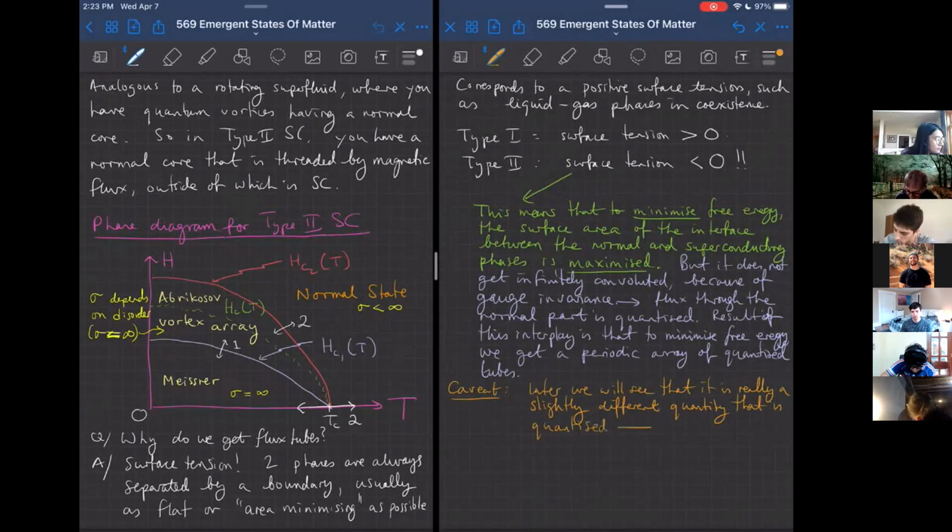And this quantity is known as the fluxoid. I'm going to define that later. But for now, let's not worry about that.